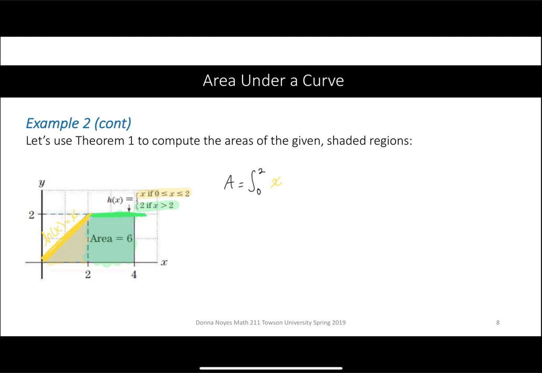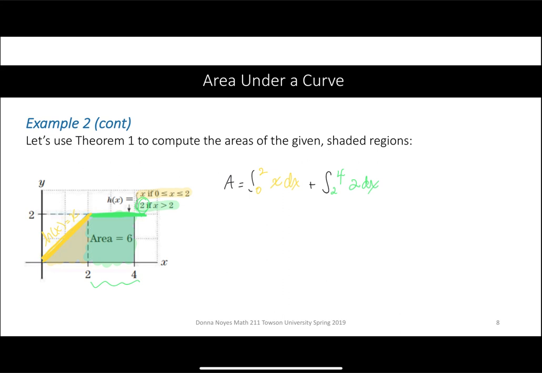So it's the integral from 0 to 2 of x dx. And then we're going to add to it the integral from 2 to 4, and at that point, our h of x changes to just 2 dx.